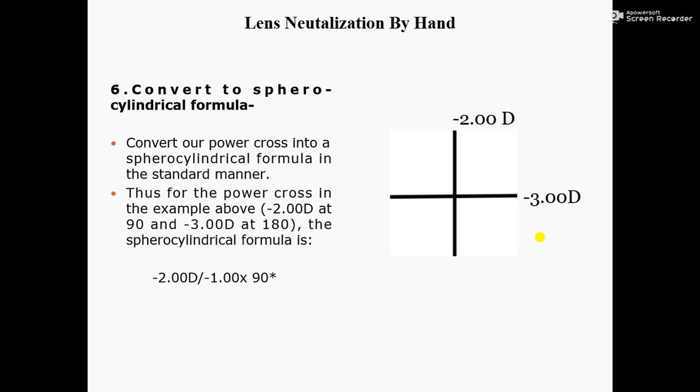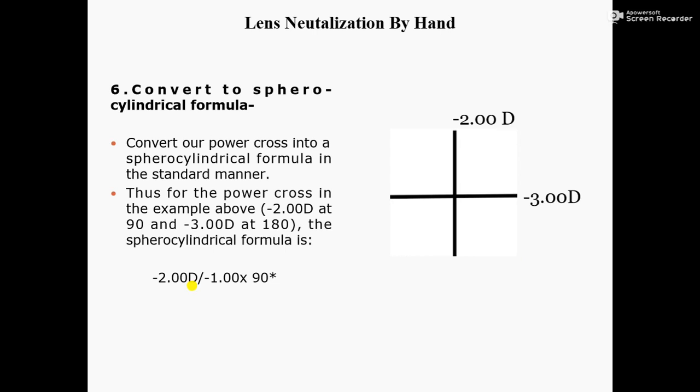We are taking the smaller value, that is minus 2 diopter, for the spherical power: minus 2 diopter spherical power.